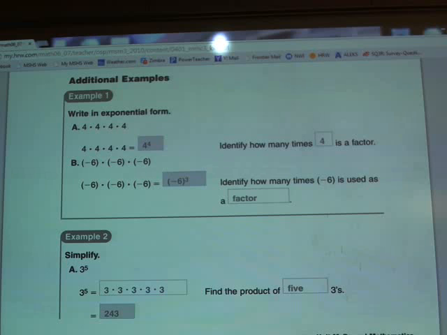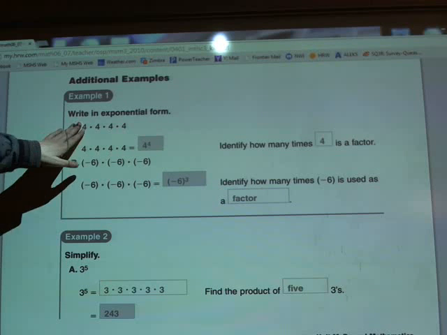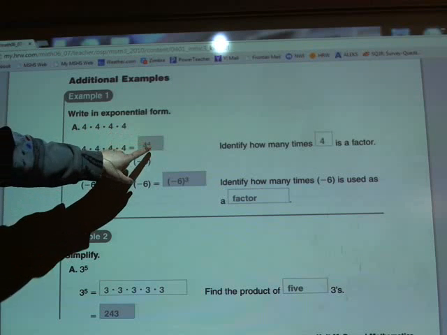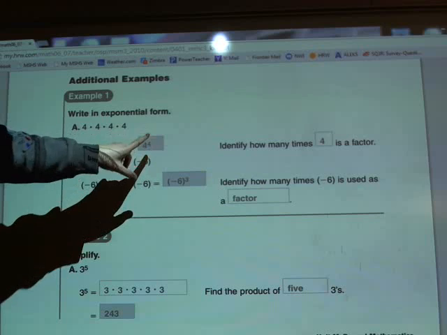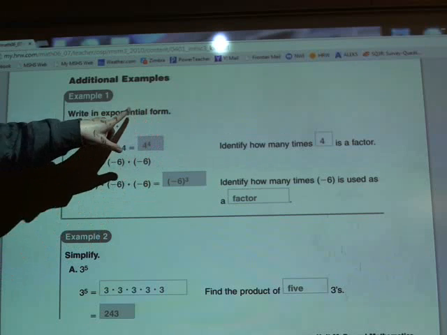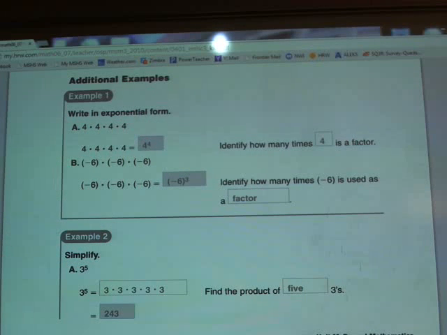Again, that's the big number. The exponent is how many times that 4 appears in the problem. There are 4 4's in this question, and that's why the exponent is 4. 4 to the 4th is this in exponential form, and we're done.